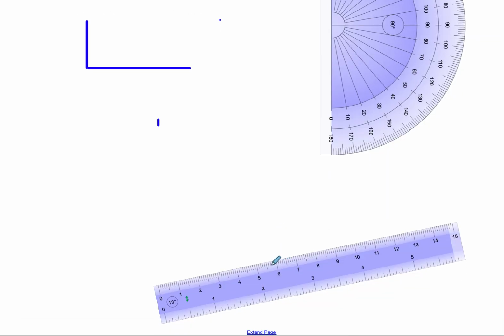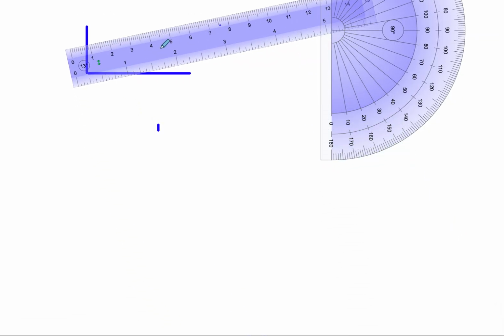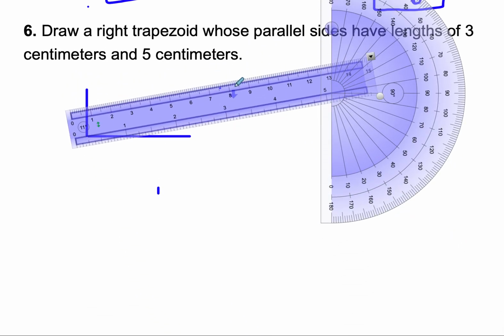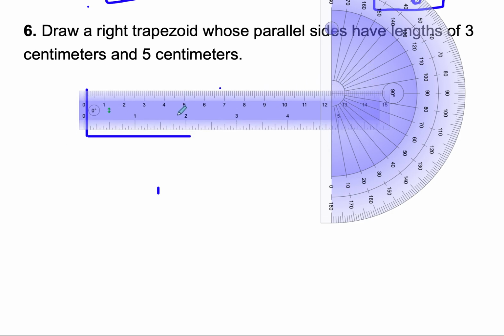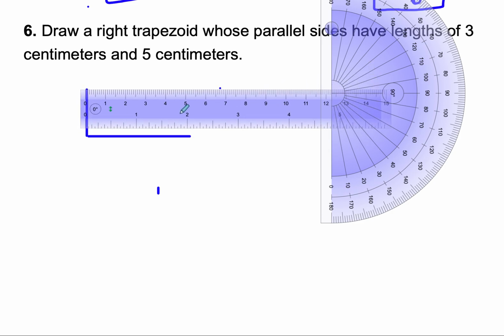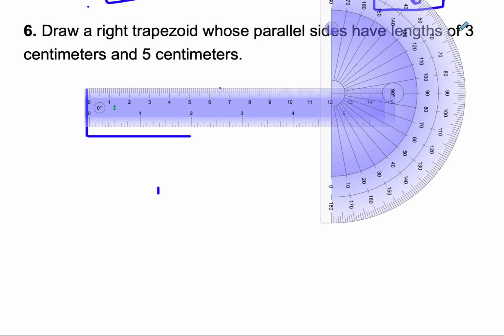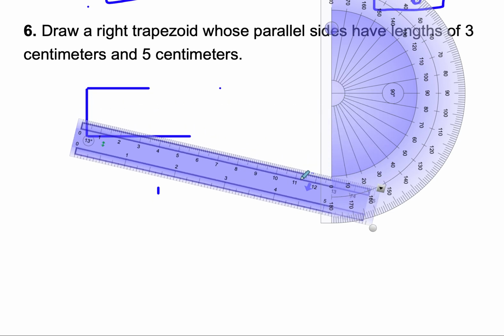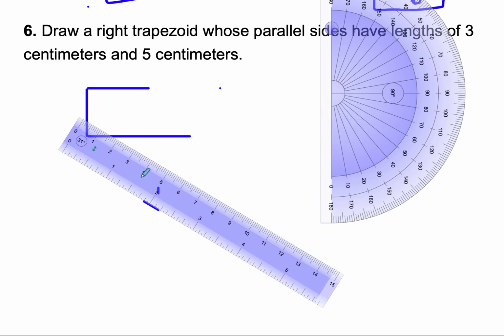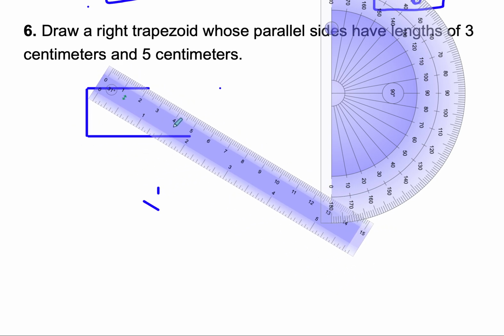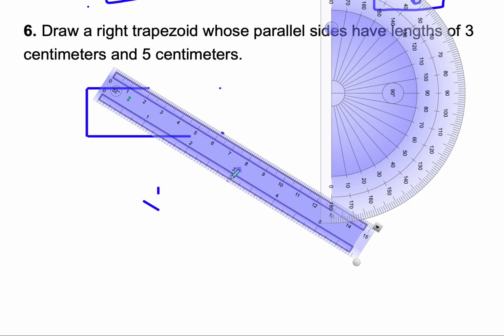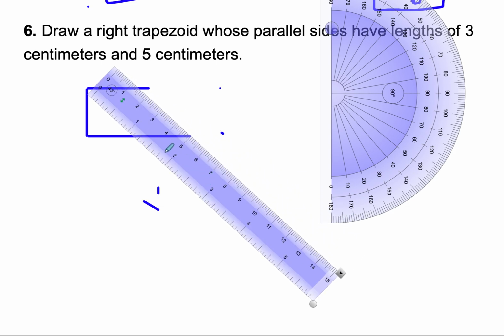Okay, so now I'm going to take my ruler. I'm going to line it up. And this time I'm only going to draw 3 centimeters. And then my last step would be to rotate this so that it's lining up with the 2 sides.